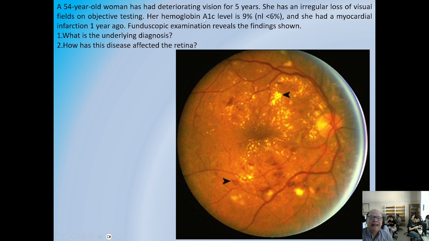Her hemoglobin A1C level is increased. Have you any idea if we measure this glycosylated hemoglobin? This is a specific examination, and you find it increased. Which systemic disease is the one that you think if you find this? It's diabetes, all right? So, of course, you can have the blood sugar counted after fasting, early in the morning.